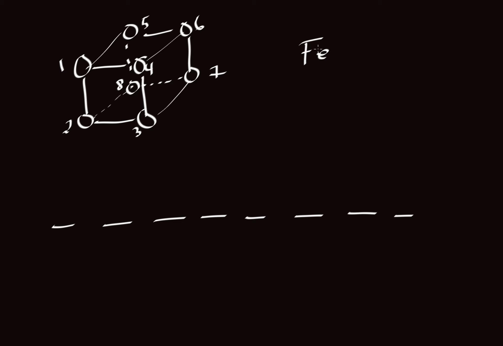Let's say the iron atoms are all labeled. They're kind of like billiard balls. We'll call them A, B, C, D, E, F, G, and H. So we've got 8 iron atoms, and they're all labeled with different letters.